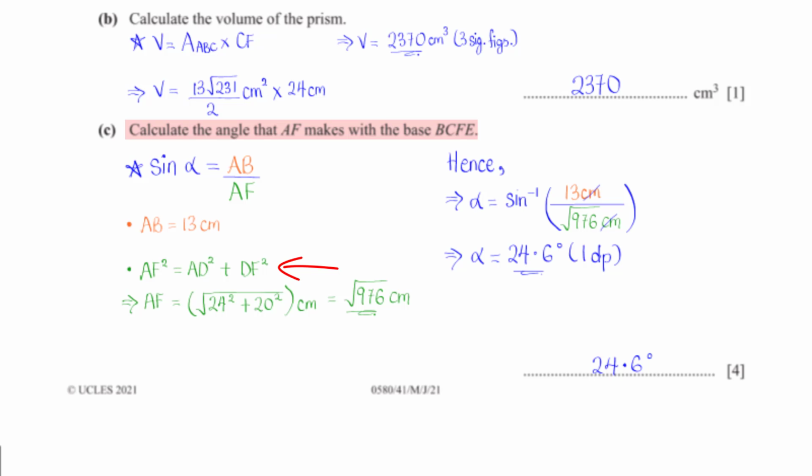And so when we apply the Pythagoras theorem, we get AF as square root of 976 centimeters. Hence, the value of alpha is equal to the sine inverse of 13 divided by square root of 976. When we type this into the calculator, we get the value of alpha as 24.6 degrees, correct to 1 decimal place.